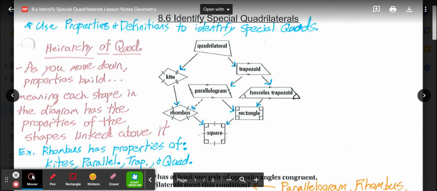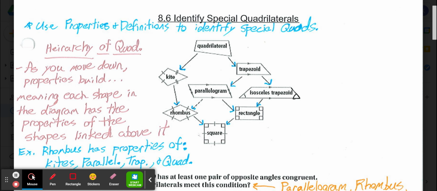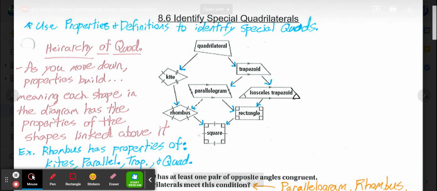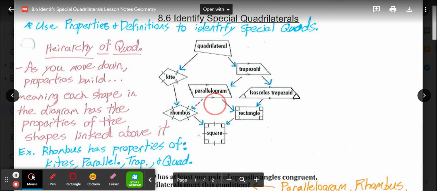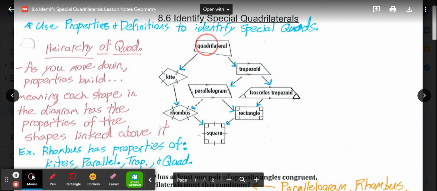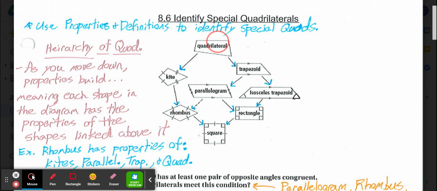So to help us out with that idea, this diagram here is known as a hierarchy of quadrilaterals. As we move down the diagram, we're getting into more specific shapes, and the properties are building up. We know a quadrilateral simply has four sides.